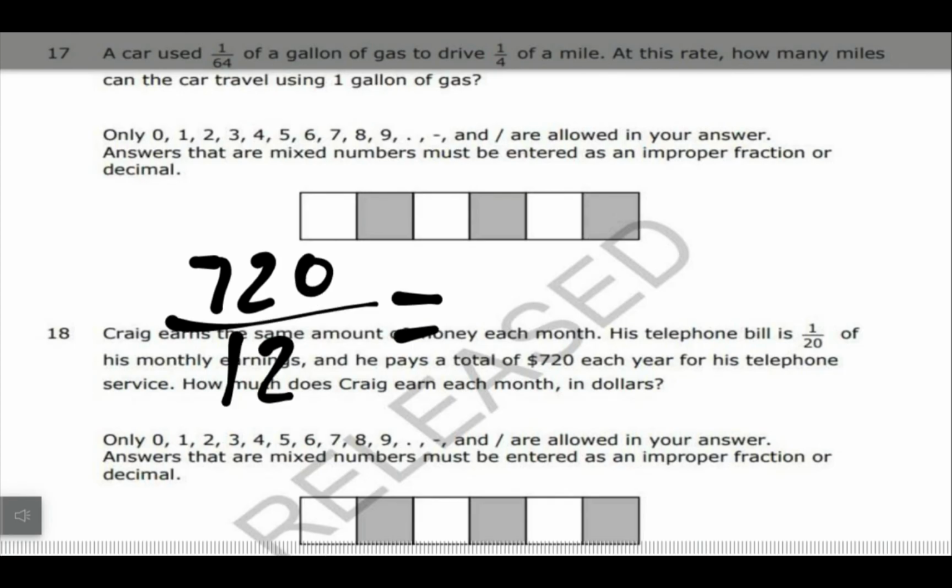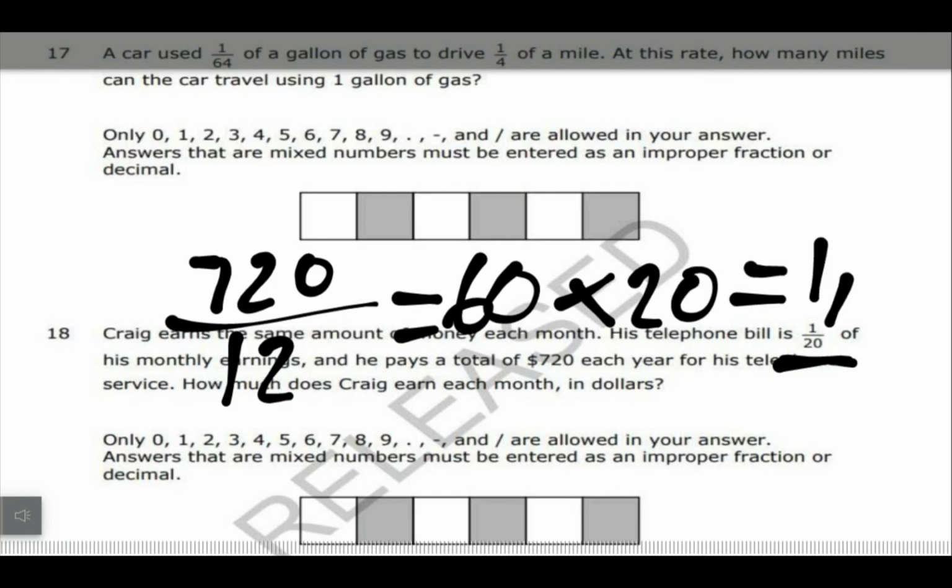I want to know how much per month. All right, so I would do 720 divided by 12. Okay, and that's $60. All right, now that's 1/20th of what he makes, so I can just times this by 20, and that tells me how much he makes. So if I just take 60 times 20, that's $1,200.